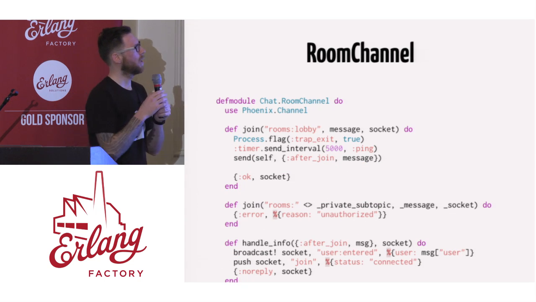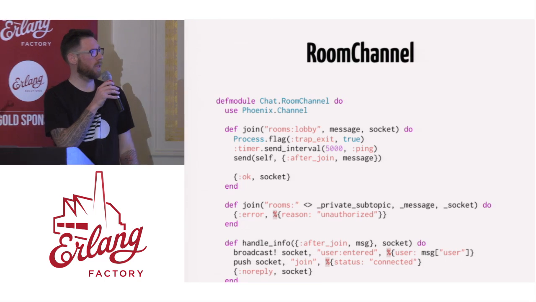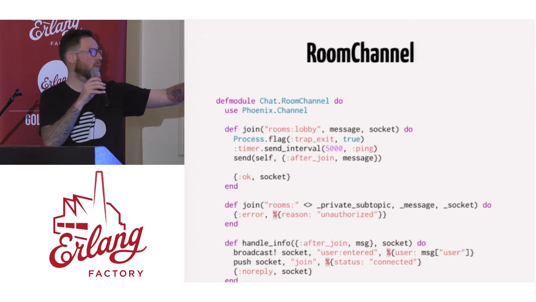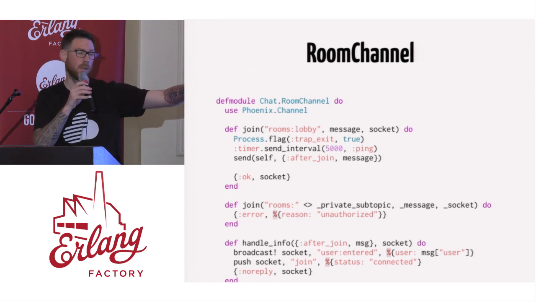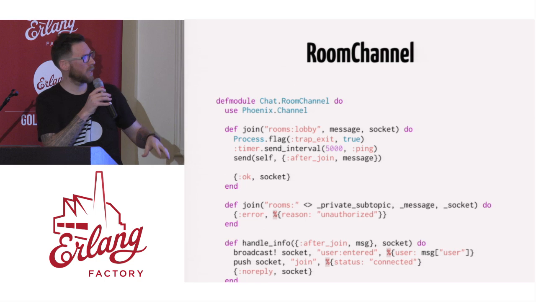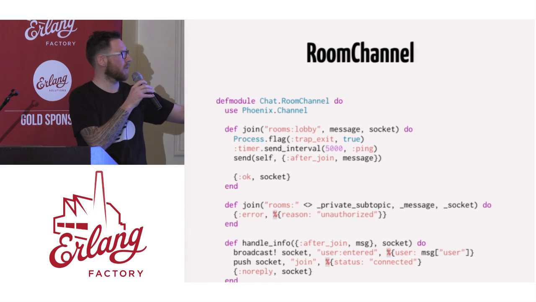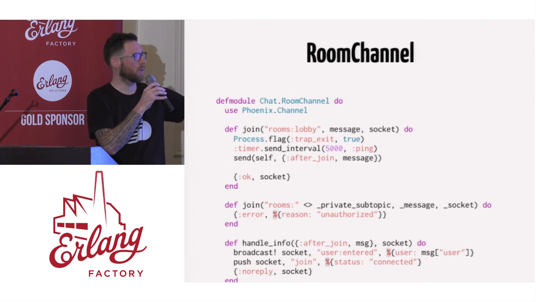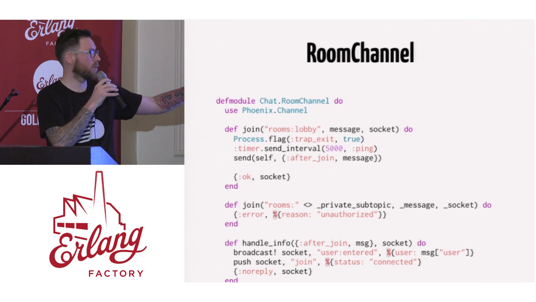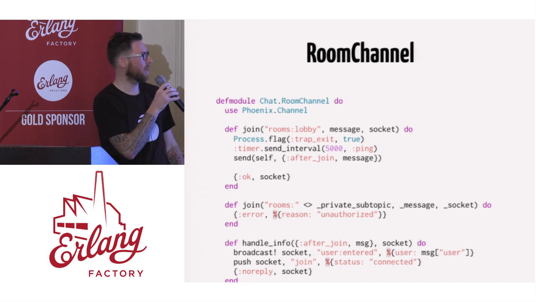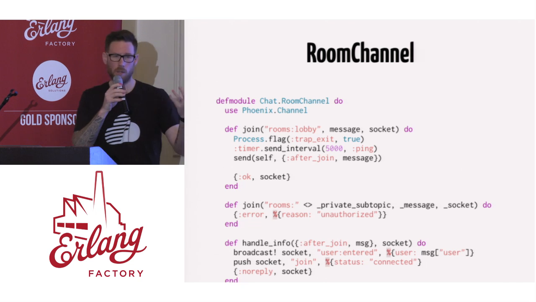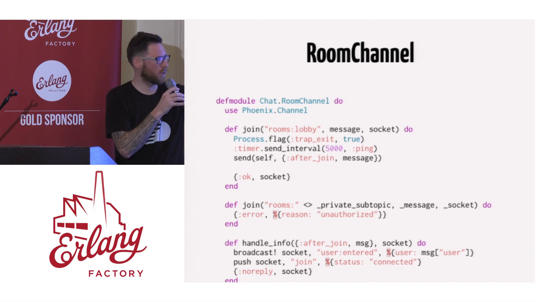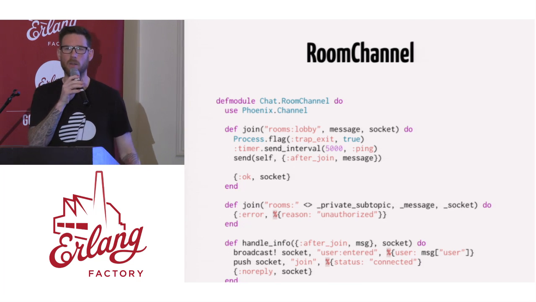So the room channel is just a module that you can set up here. You can do pattern matching on the topics as well. So in this case, we have rooms:lobby. And if it's rooms:lobby, and we get a message and the socket, then we can set it up here to allow the user to join that topic. You can return OK socket and you're good to go. And then you can also do stuff like this and use pattern matching to match on the subtopic.